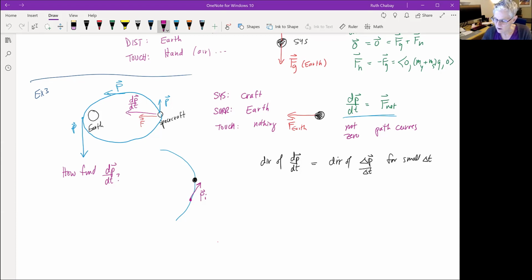And this is the time delta t before it gets there. We want to take the same time interval after it gets there, and we'll draw the momentum of the spacecraft there. So this is an interval delta t, and that's an interval delta t, or really the same interval.